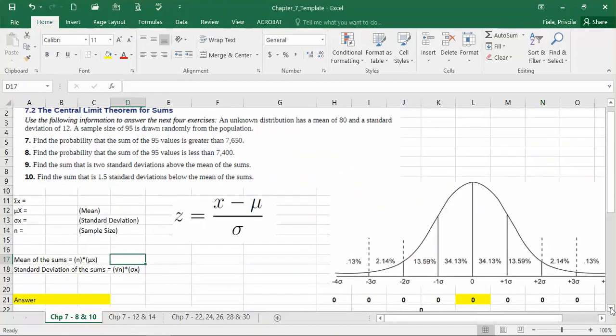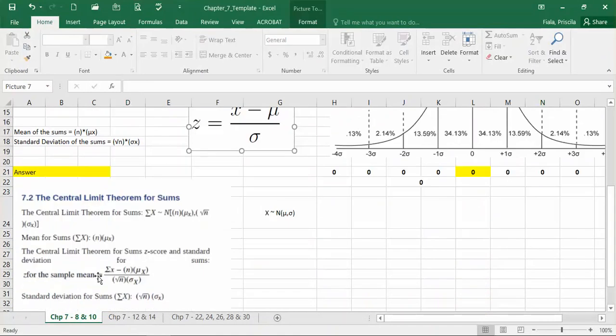Which if you go back here, I actually have put it down here, z for the simple mean: the sum of x minus, so it's actually my x value that we had before, minus the sample size times the mean of the population right here, which we're going to define as mu, and divided by the standard deviation, which is the square root of the sample size times the standard deviation of the population.